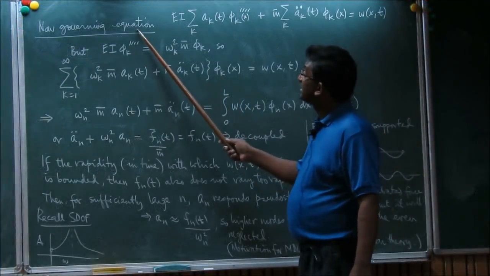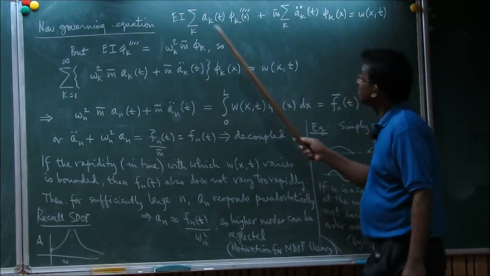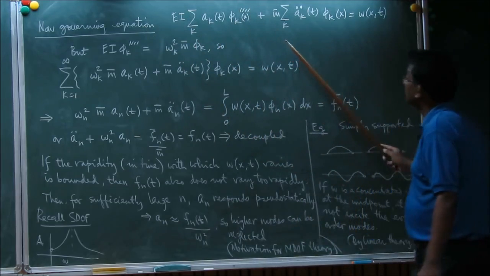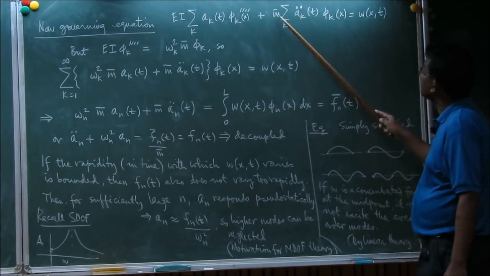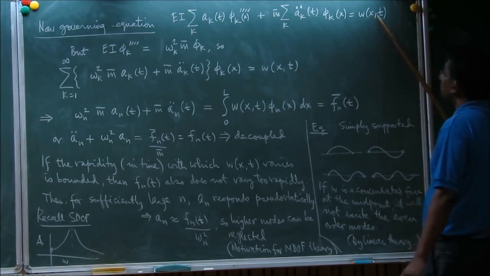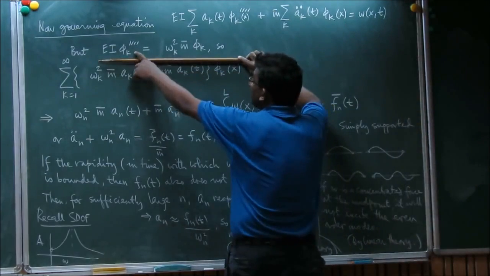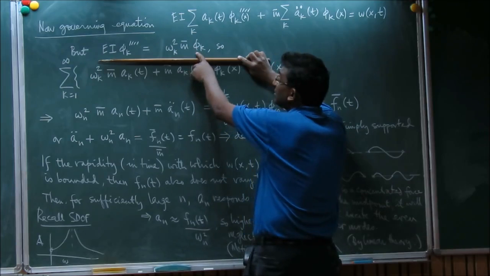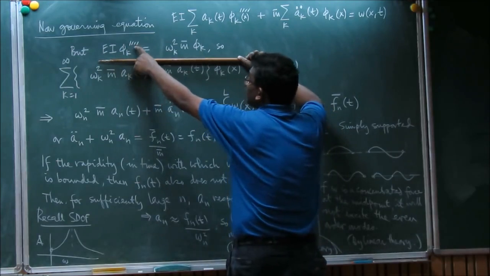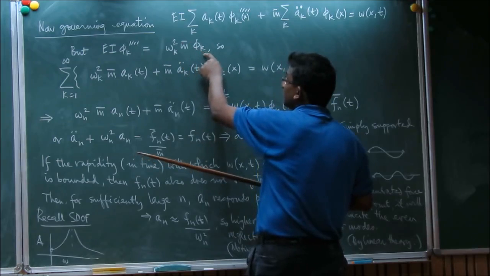So now the governing equation, we substitute the series solution. So EI, and here is y with 4 primes, note the x. Here is m bar and here is y double dot. This is equal to w of x and t. Now these phi, they are the solutions to our eigenvalue problem. So EI times phi k with 4 primes is actually omega k squared times m bar times phi k.